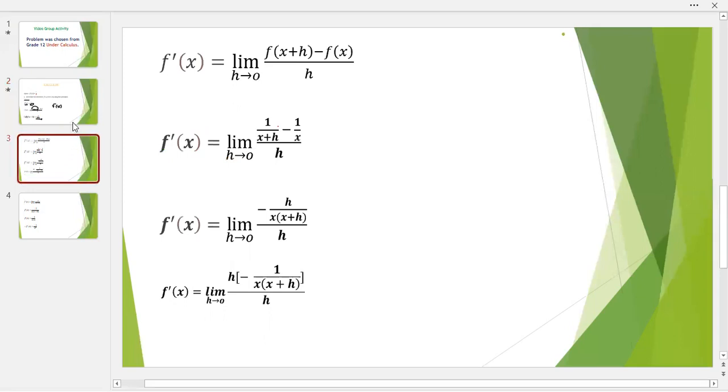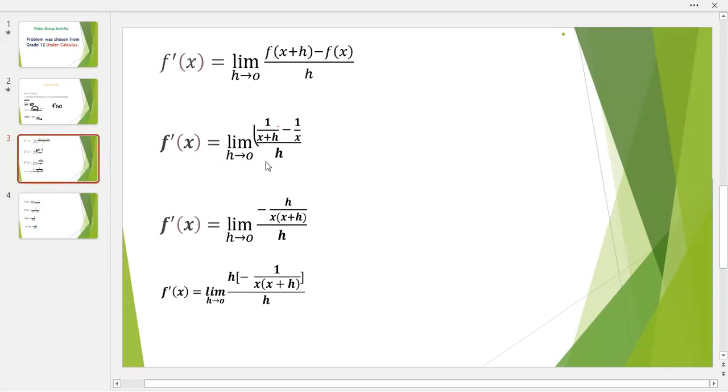Now we are going to substitute 1 over x plus h into our original formula, which is f prime of x is equal to the limit as h tends to 0 of f of x plus h minus f of x all over h.